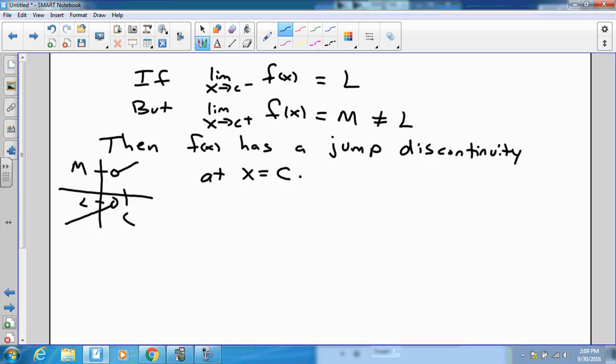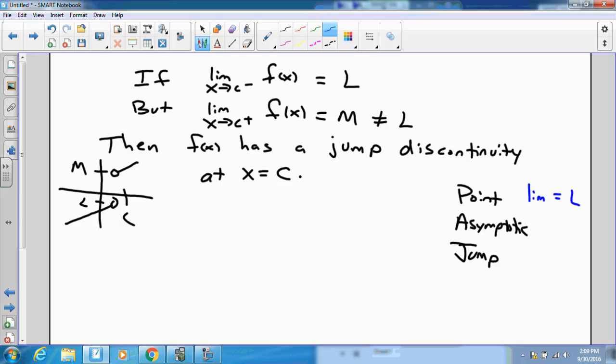So this is our third and final classification, where the limit from the left is different from the limit from the right. So just to recap, we have these three types: point, asymptotic, and jump.